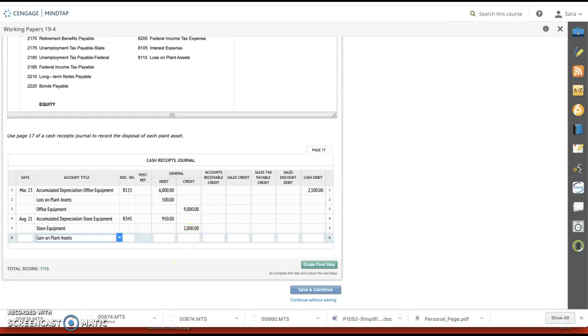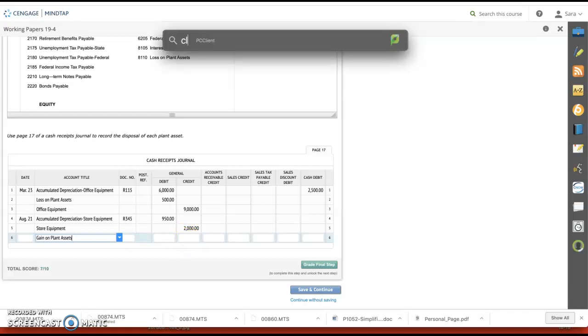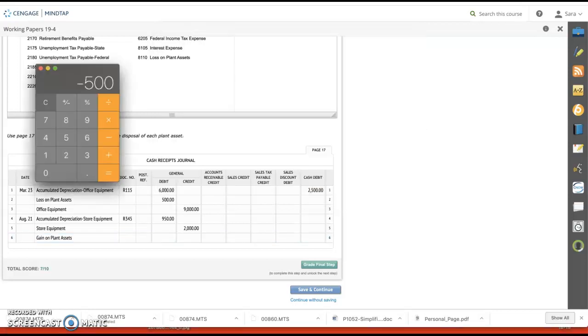And so for that, we're going to do some calculating again. And so we're once again going to take our cost. So in this example, it was $2,000, and subtract our depreciation of $950. So then we get $1,050. So we're going to take our cash we received of $2,500 minus the $1,050 to get $1,450 for our gain.